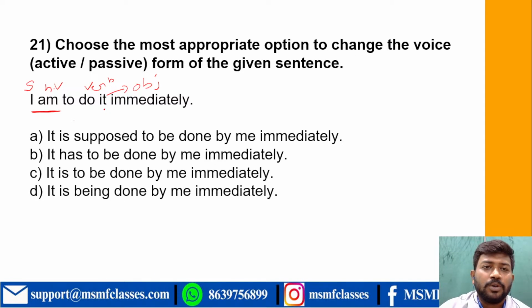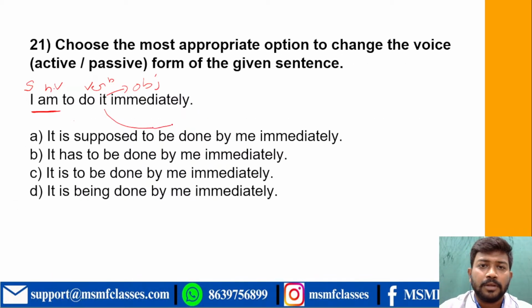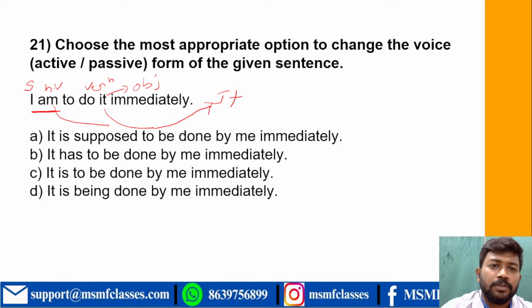So put object at the first. So object must be first here, at the first. So it. Then we have to go with which tense it belongs to. So am they are using. So I will use it is.